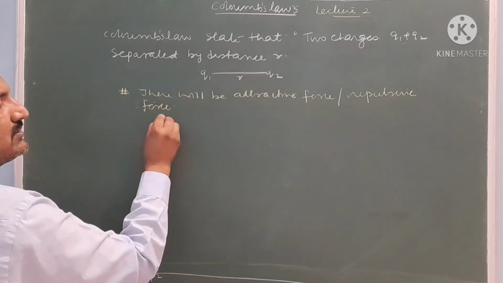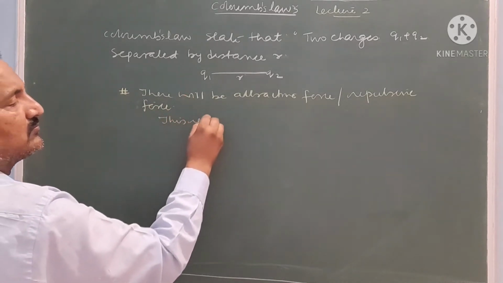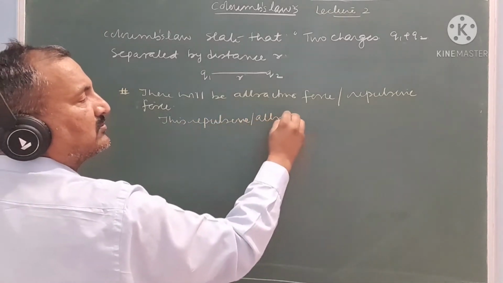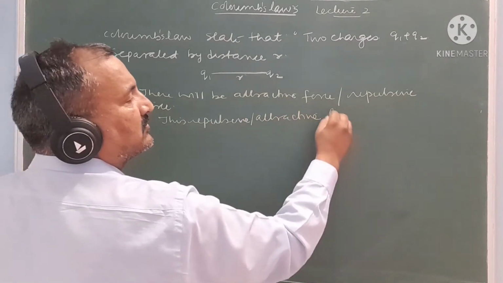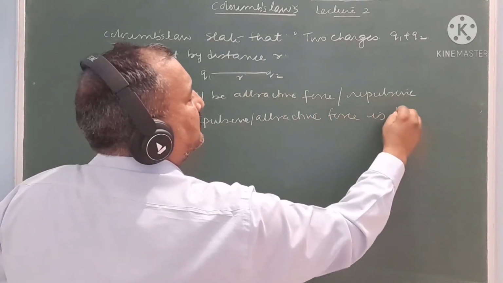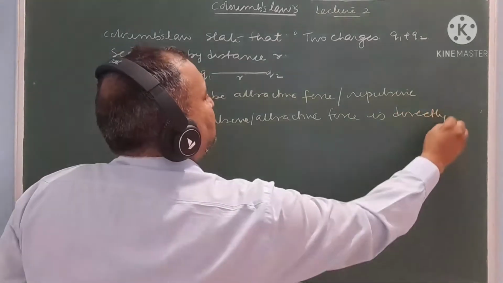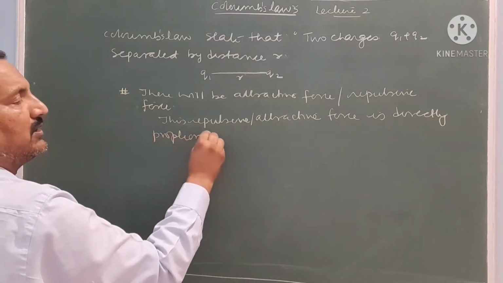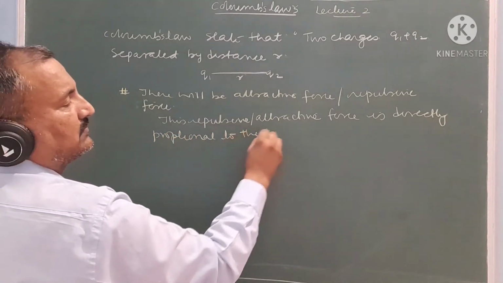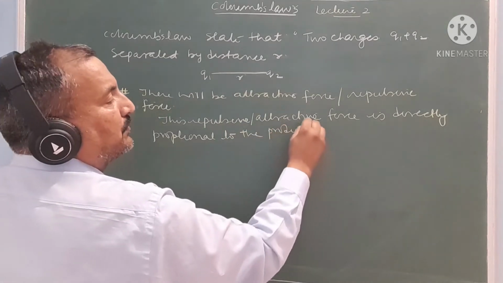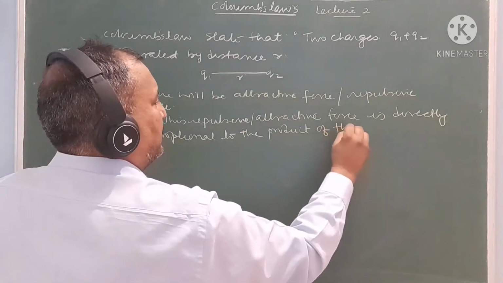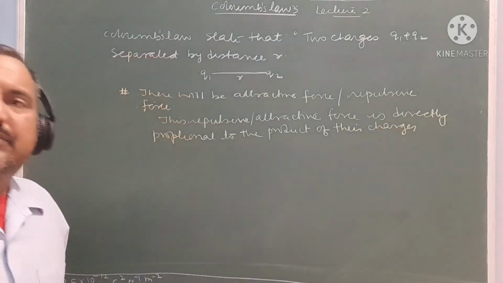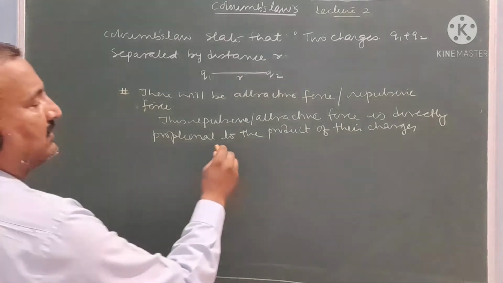This repulsive or attractive force is directly proportional to the product of their charges. So in equation form, how can we write?